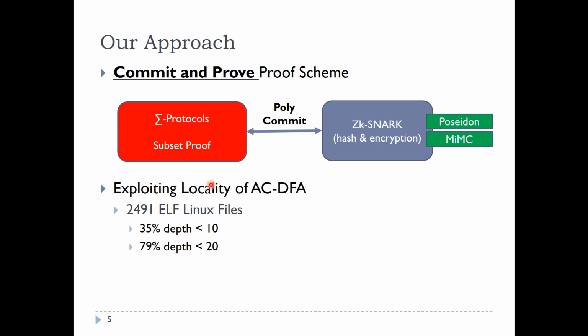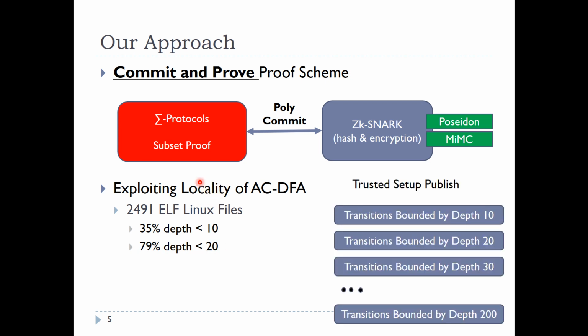So given this locality, we could restrict our prover to reason about the subset of transitions that are bounded by depth 20 for almost 80% of the files. All right, so this brings us almost a 10 times speedup concerning the concrete performance of the provers.